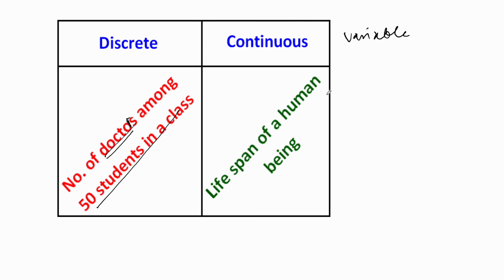Can you count the lifespan of the human being? Di ba? Kasi it's unpredictable ang lifespan ng human being. So, ang discrete variables, ito ay mga count nouns. As yung continuous naman, sila ang mga mass nouns. Okay? So, yun lang yung para tandaan sa discrete and continuous variable.